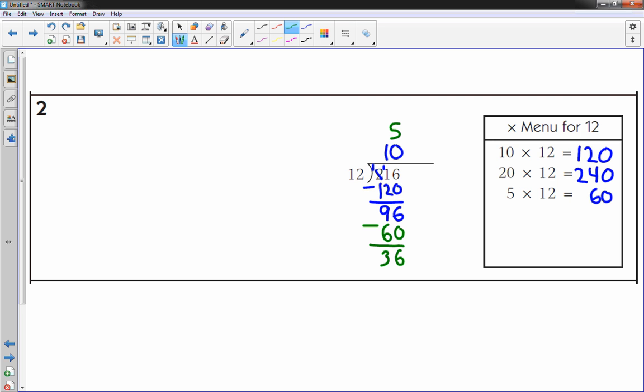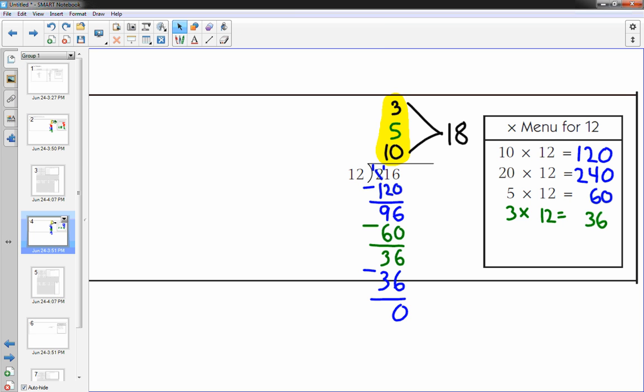And I believe 12 times 3 is 36. Pretty confident about that. So I'm going to use that. 3 times 12 is 36. Subtract. And then what I have to do is, don't forget to take those numbers up there and add them all together. 18. 18 is my answer to this problem.